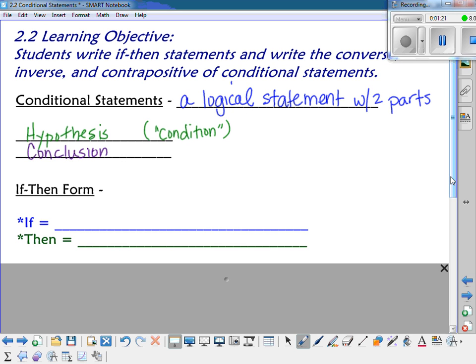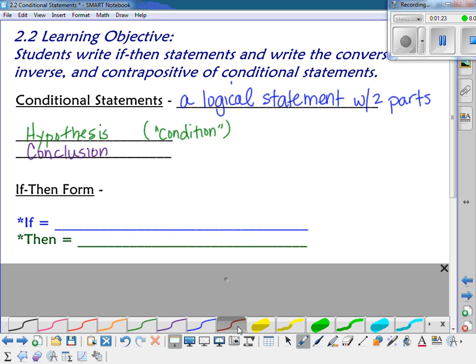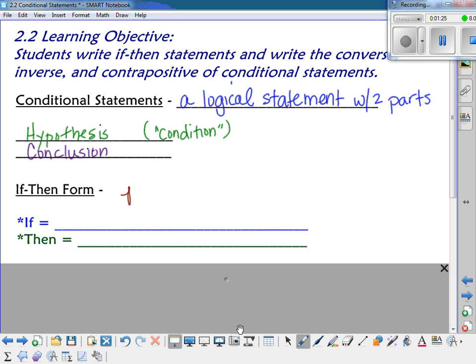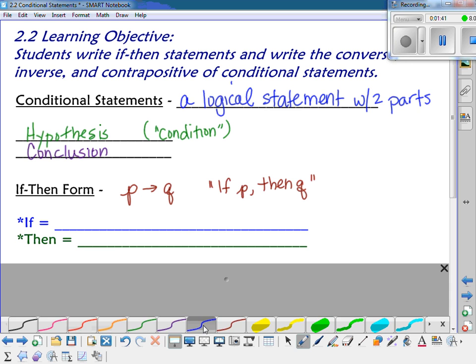So the way that we can show that in notation is with P and then an arrow and Q. And the way you would say that is if P, then Q. So the if part is the hypothesis.